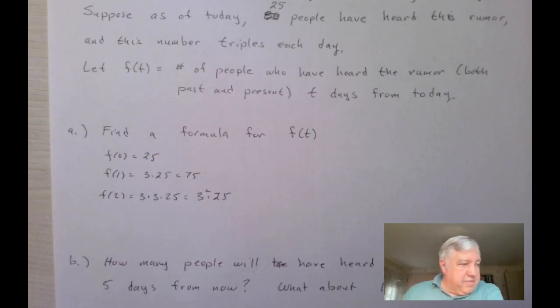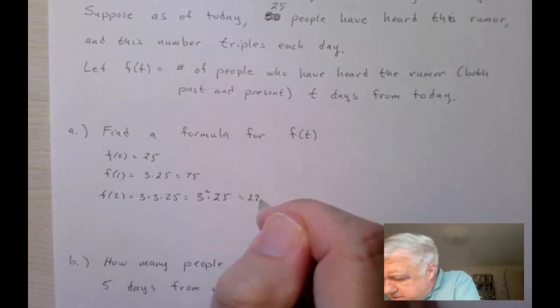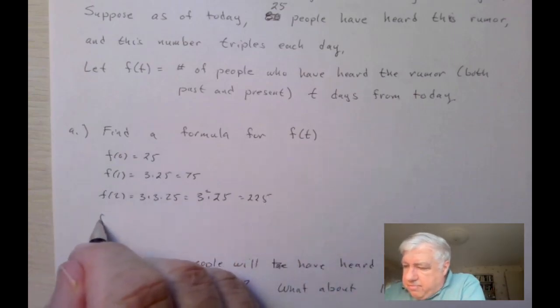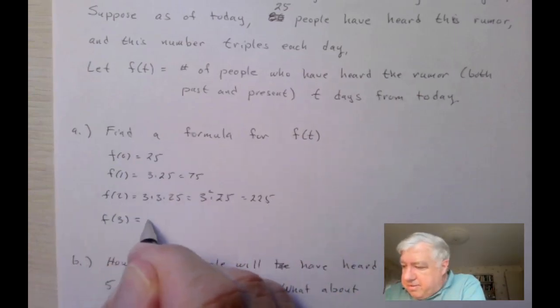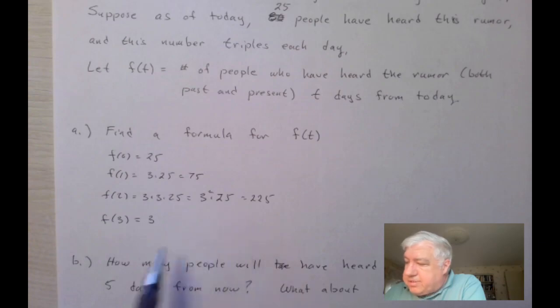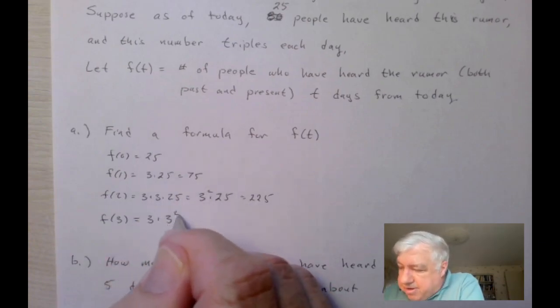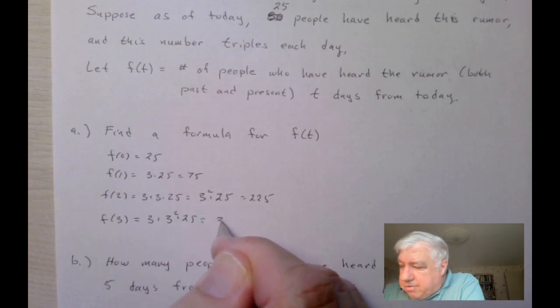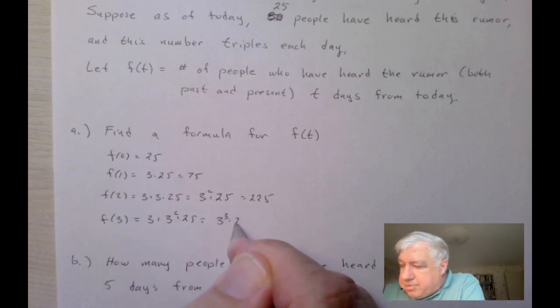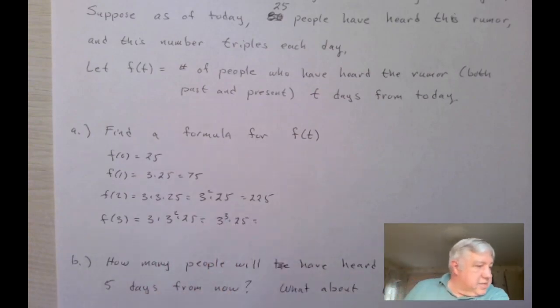And we can check that that's 225. And then if we do one more, f of 3 would be 3 times this, that would be 3 times 3 squared times 25, or 3 cubed times 25, which I guess is 675.